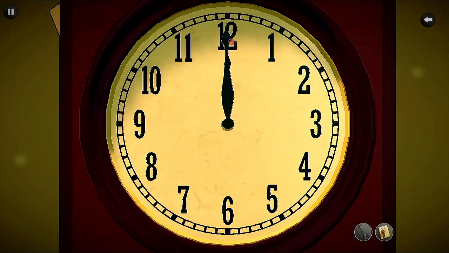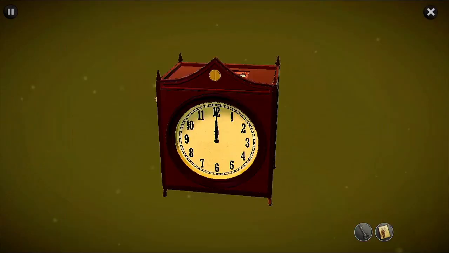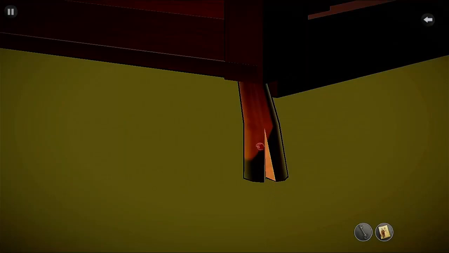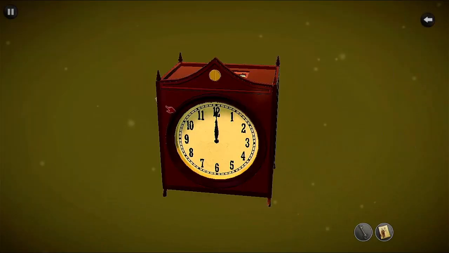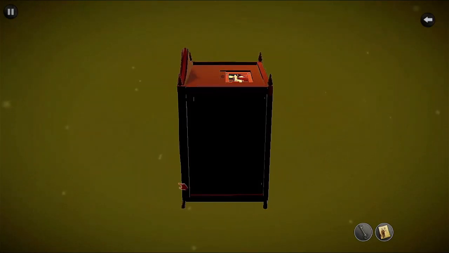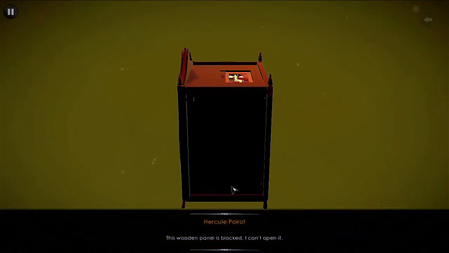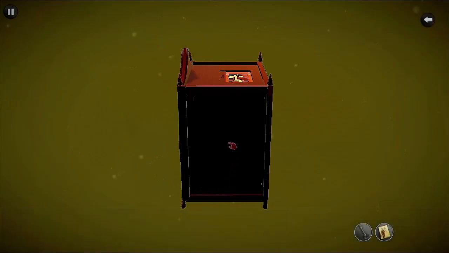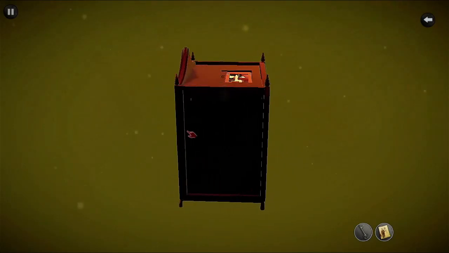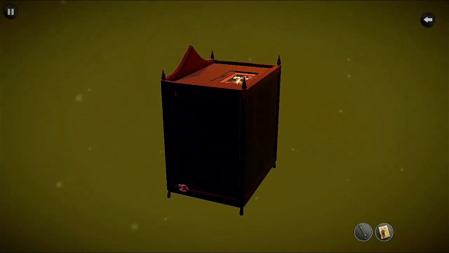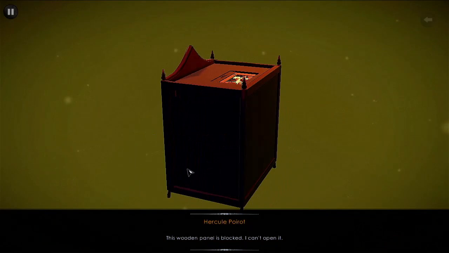Oh, that must be right because it's not letting me move it anymore. Let's have a look. Oh, what's this? Oh, weird. This wooden panel is blocked. I can't open it.